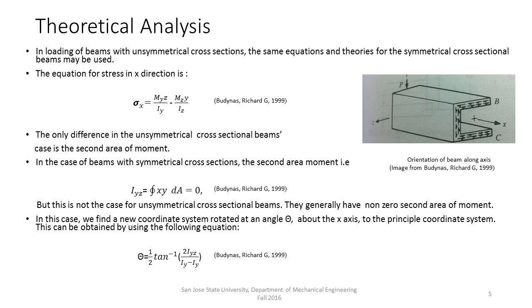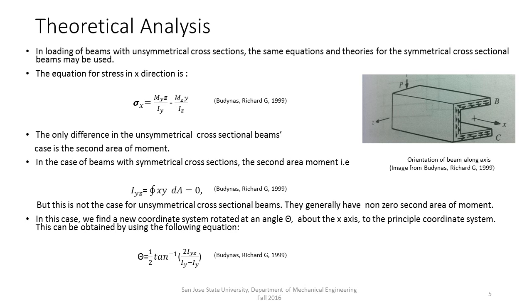The only difference in the unsymmetrical cross-sectional beams case is the second area of moment, Iy and Iz. In the case of beams with symmetrical cross-sections, the second area of moment is expected to equal 0. But this is not the case for unsymmetrical cross-sectional beams, for they generally have non-zero second area of moment.